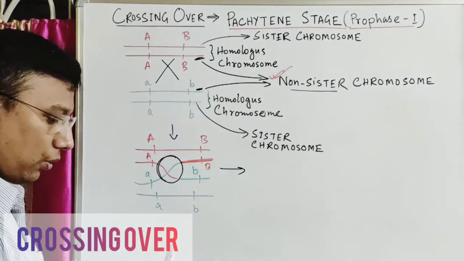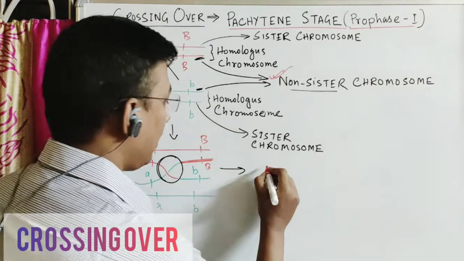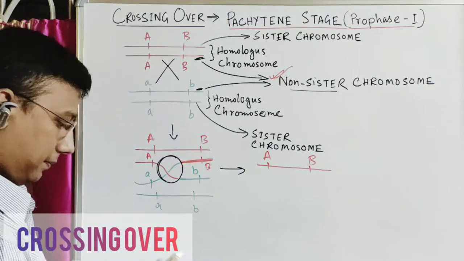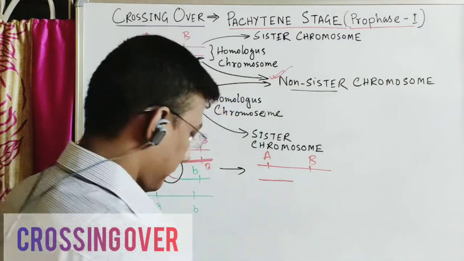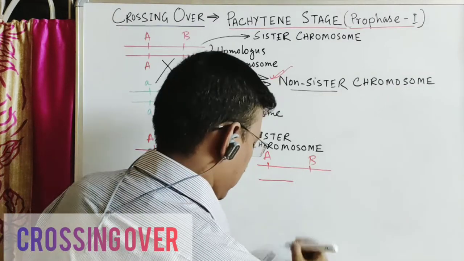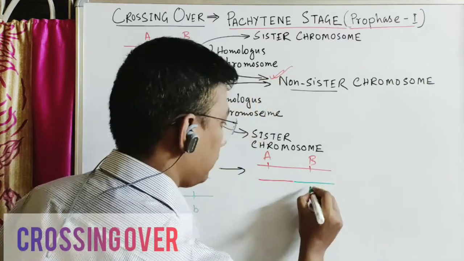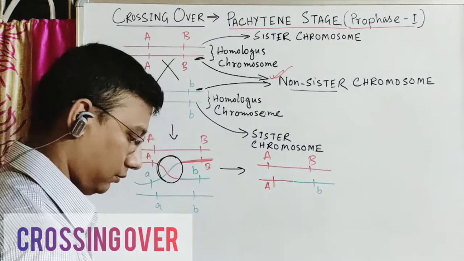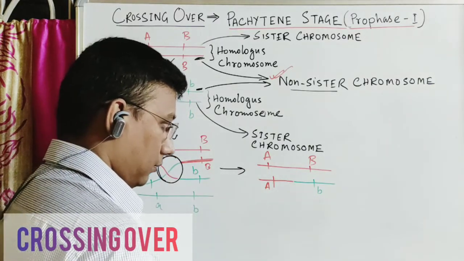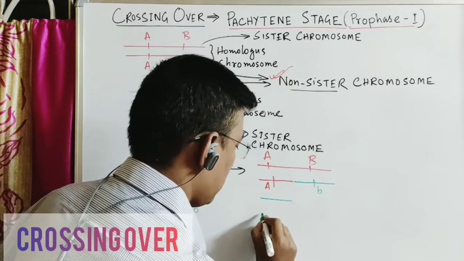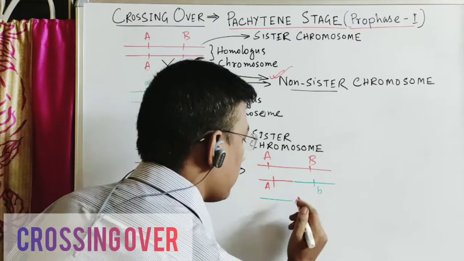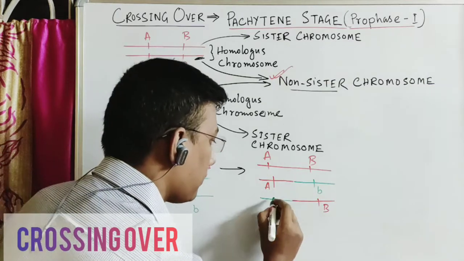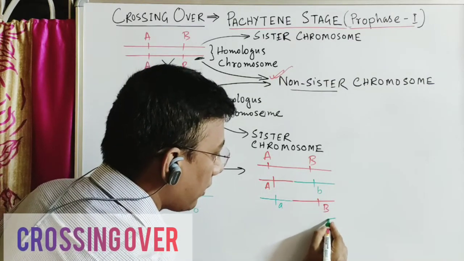After that, what will happen? We will get the gametes like A, B, then the recombinant one, another one, that is also a recombinant, and the parental chromosome.